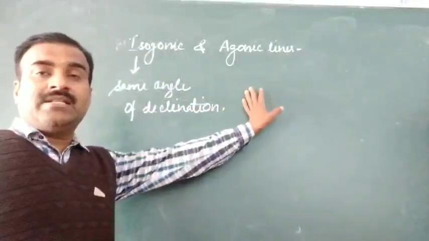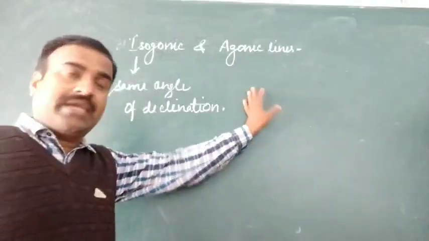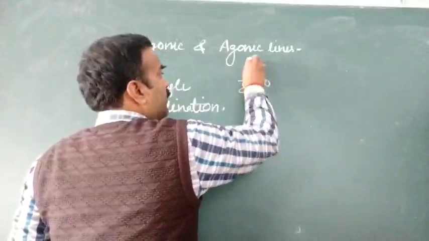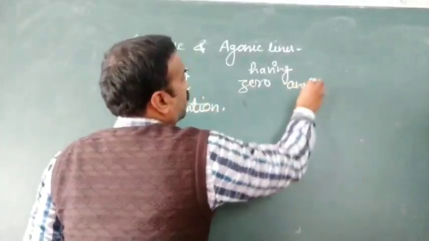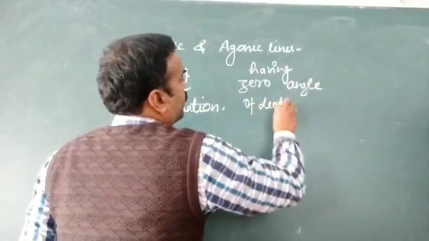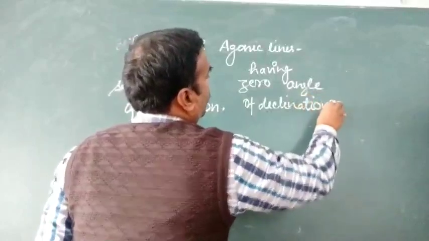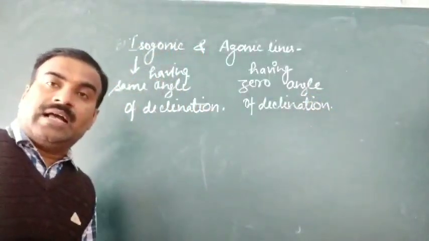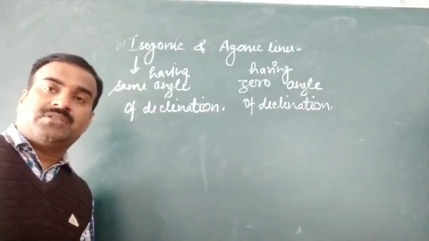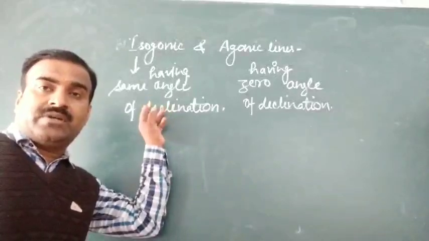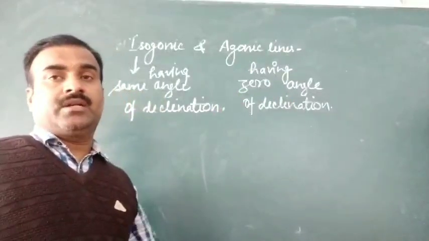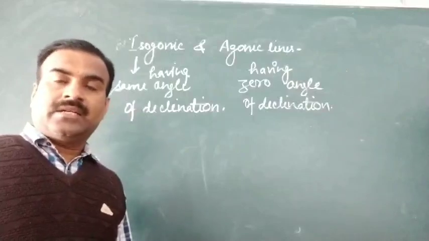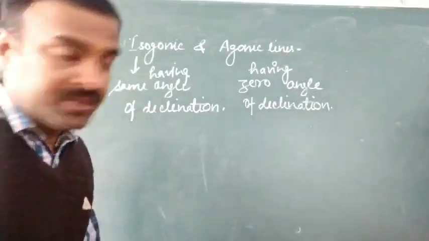And a line joining all the places on the surface of Earth having zero angle of declination is known as what? Agonic line. Okay, clear to all?